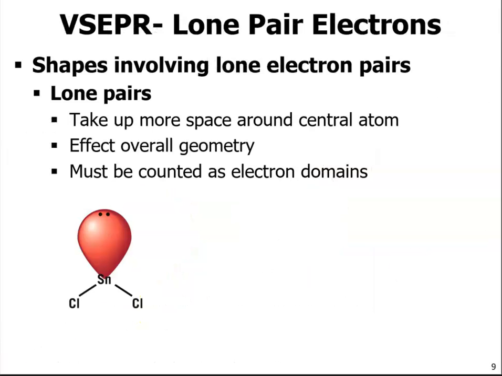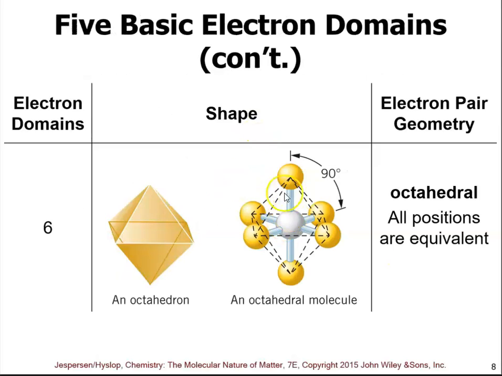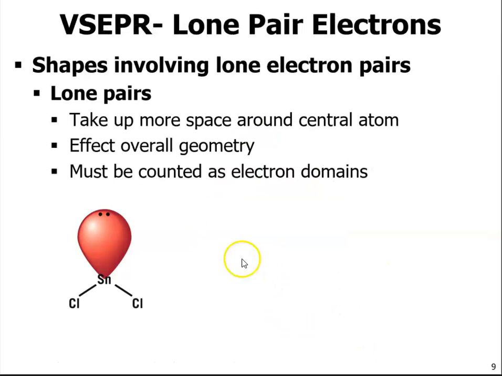The other thing that we sometimes see, so these are where the electron domains might be. We also notice that lone pairs of electrons tend to take up more space than bonded electrons. So if we have chlorine and tin, these lone pairs of electrons here are going to take up more space than the chlorine-tin bonds in this space.